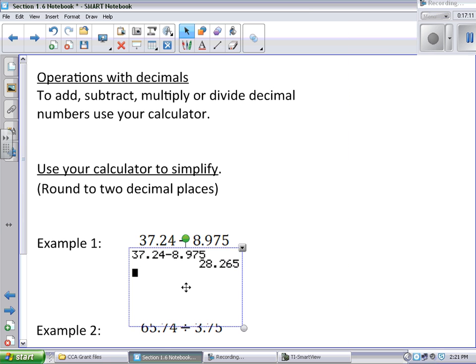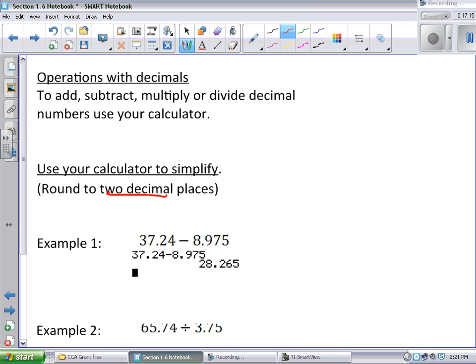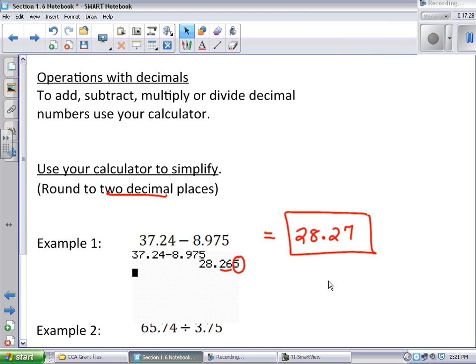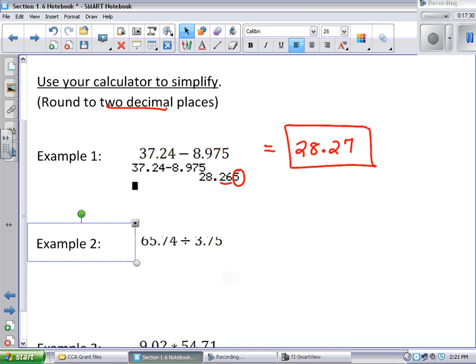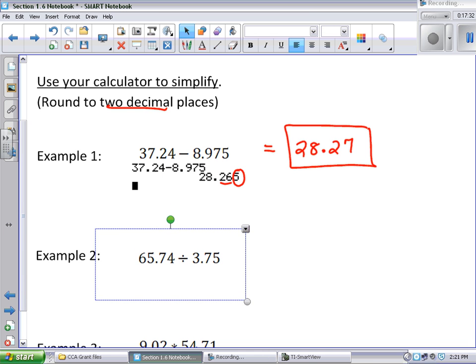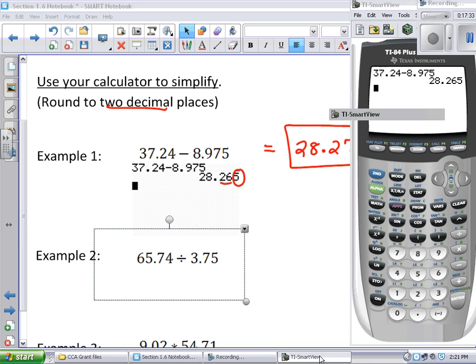Here's my answer. I get 28.265. We said round to 2 decimal places. If we keep 2, we look at this one, it tells us to round up. Our answer is 28.27. All right, let's look at example 2 next. Example 2 says we have 65.74 divided by 3.75.